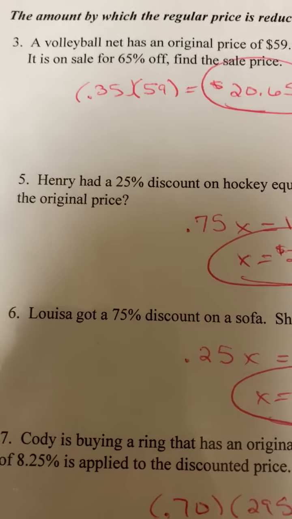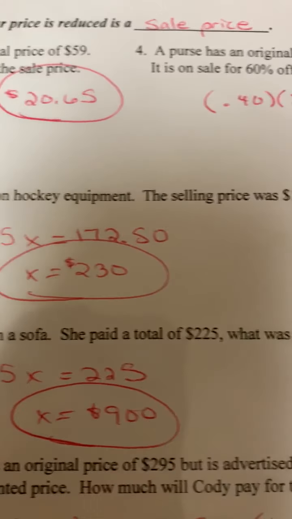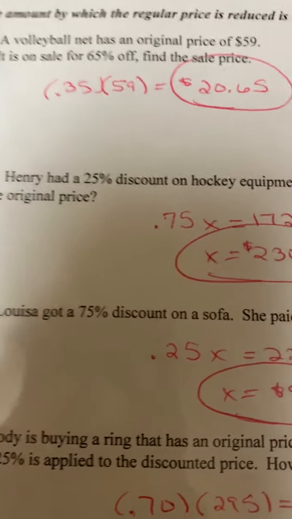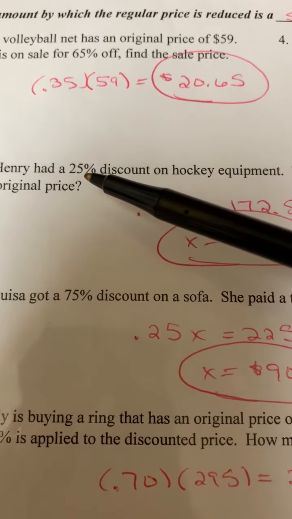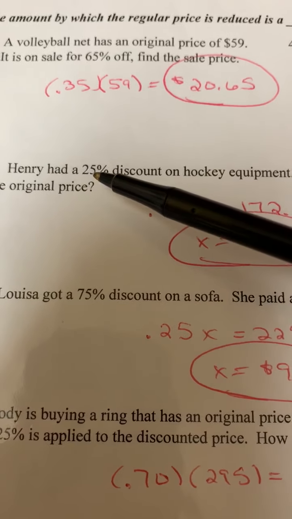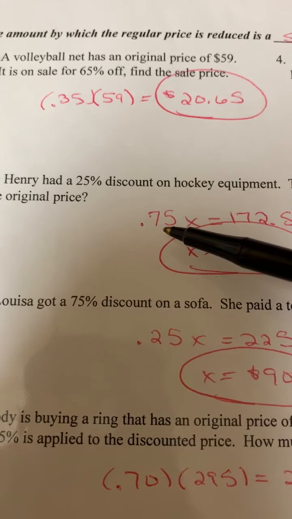Number 5, Henry had a 25% discount on hockey equipment. The selling price was $172.50. What was the original price? So this is a little different. So let's review again. If you're not paying 25%, you are paying 75%.